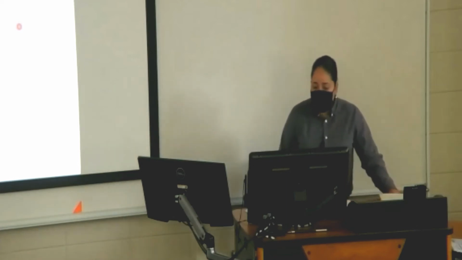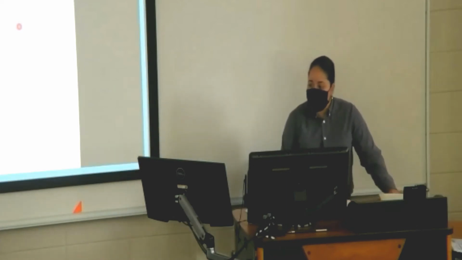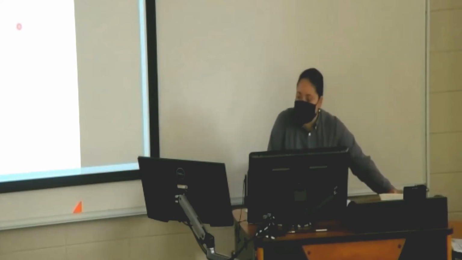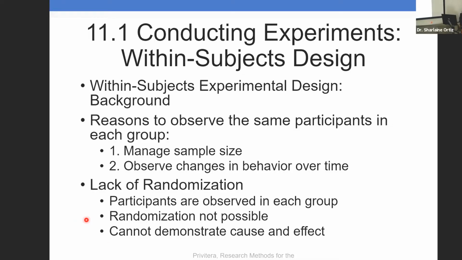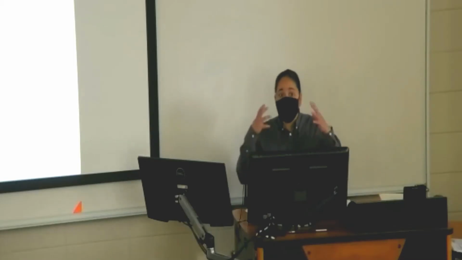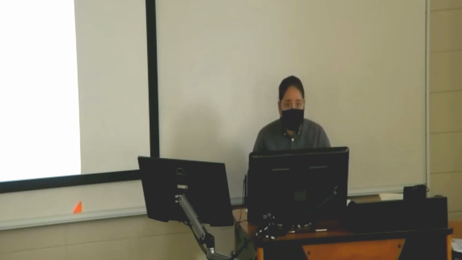Now, the issue that we're going to come across in a within subjects experimental design is one of the largest limitations, which is lack of randomization, right? If you remember from our previous type of design, we were able to assign participants randomly, right?